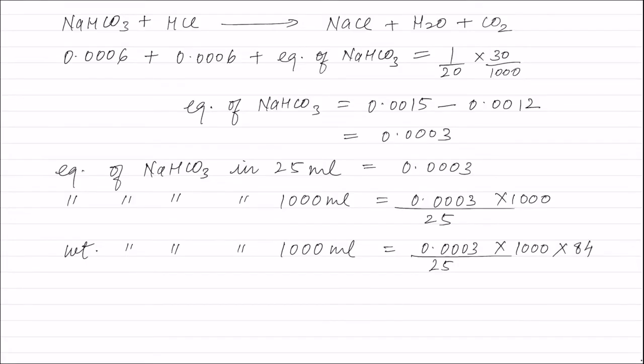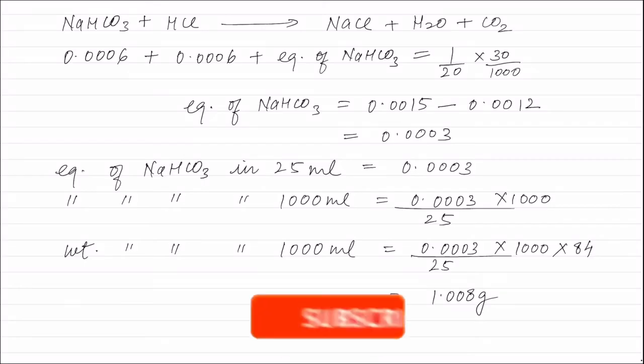Solving this, weight of NaHCO3 in 1000 milliliter of solution or weight of NaHCO3 in 1 liter is equal to 1.008 grams.